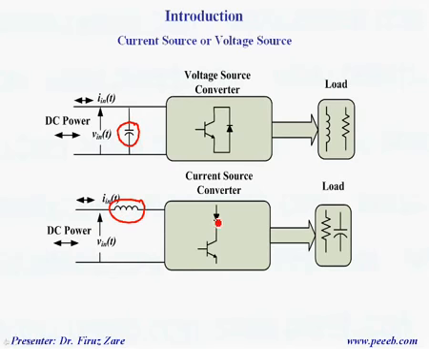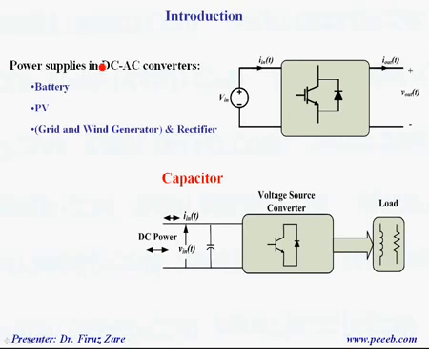And in this case, instead of a bidirectional current switch, we need to have a diode in series with the switch to be able to handle positive and negative voltage across the switch. And in a voltage source inverter, we need to have an anti-parallel diode with the switch in order to provide positive and negative current. So in most applications, we have a voltage source inverter.